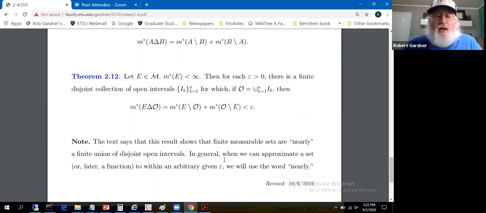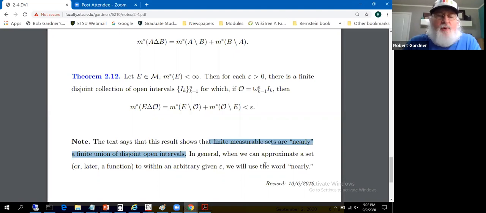Let's go ahead and read this comment before we do this last little proof. The textbook states that this result shows that finite measurable sets are nearly a finite disjoint union of intervals. We're going to use the word almost in a very precise way. We're going to use the word nearly in a consistent but informal way.